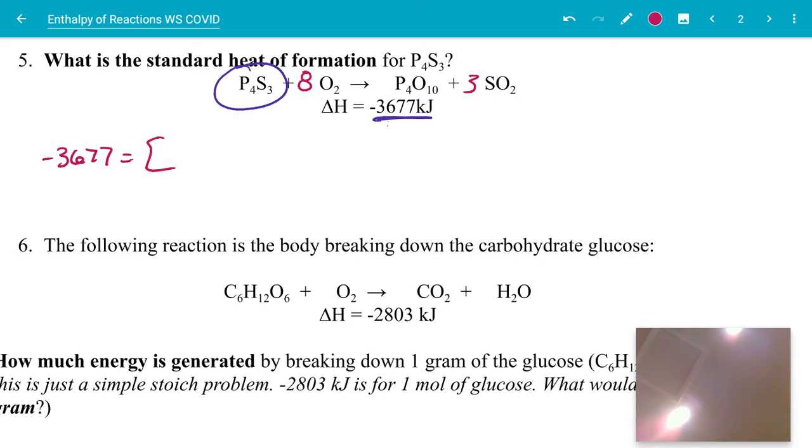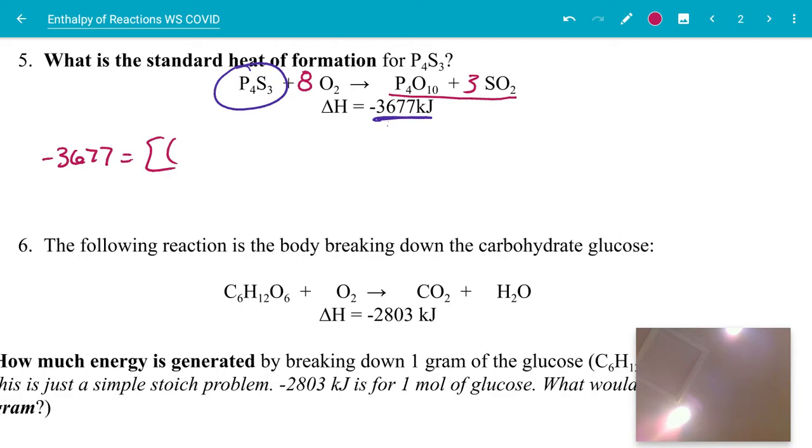So right off the bat, we've got our product that we are unfamiliar with. Oh, sorry, the product we do know. I was trying to figure that out. The product we do know. So that is a 1. We don't have to multiply 1. And you can look it up on your table. So I'm doing P4O10.